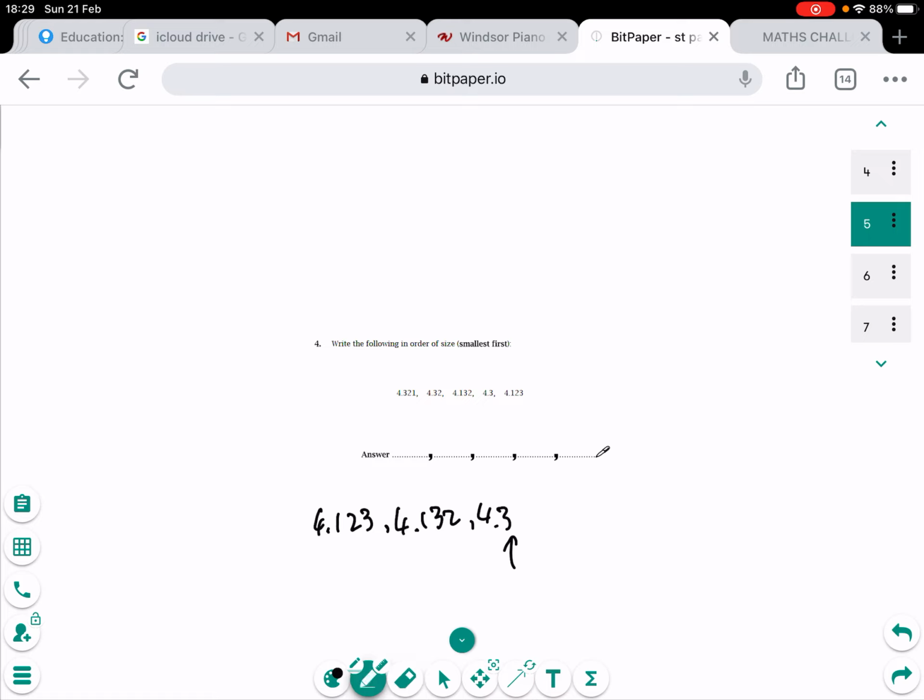Next we have 4.32, because that doesn't have anything on this digit, and then we have 4.321. So it's 4.123, 4.132, 4.3, 4.32, 4.321.